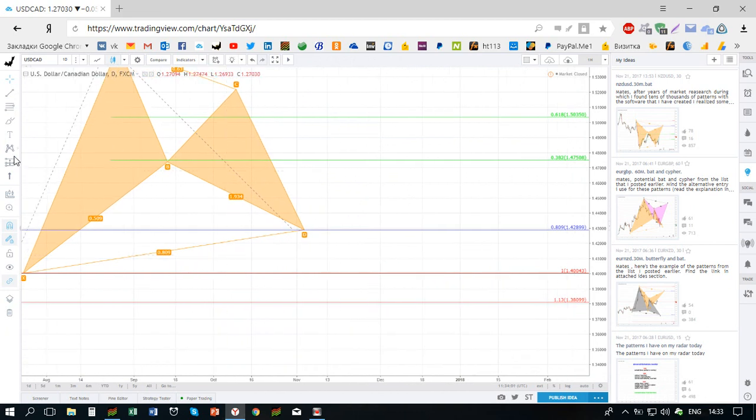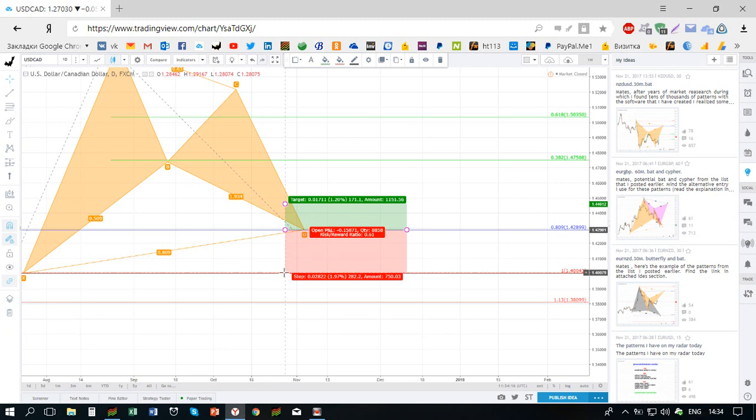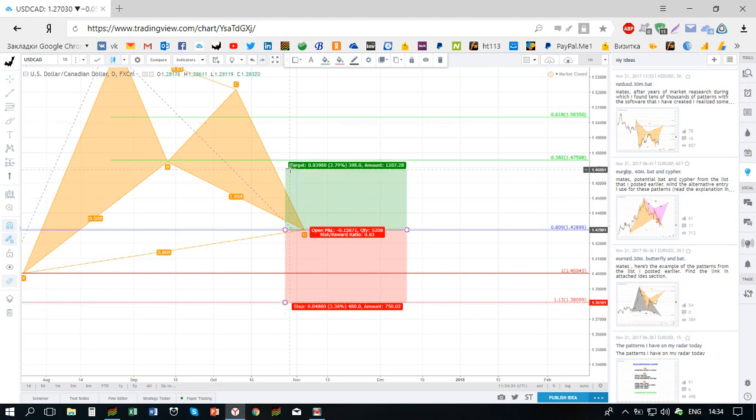Let's do the calculations. So this is the risk to reward. If we enter at the level of 80.9, yes, even if we enter at 86, and we put the stop loss at 113, our initial target goes to 382.